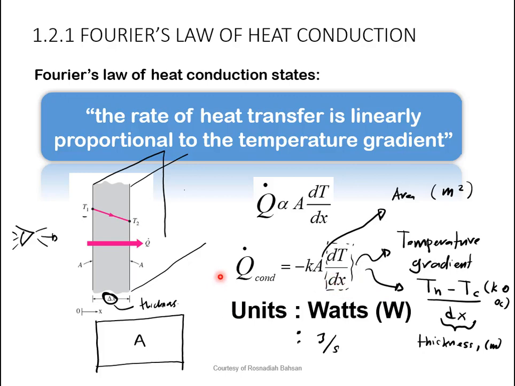To reduce the Q dot conduction, we need to increase the dx, which is to increase the thickness. By increasing the thickness, you will decrease the Q dot. So that is the relation between the rate of heat transfer and the equation of Fourier's law, K A dT over dx.